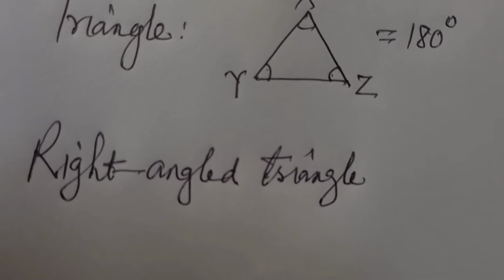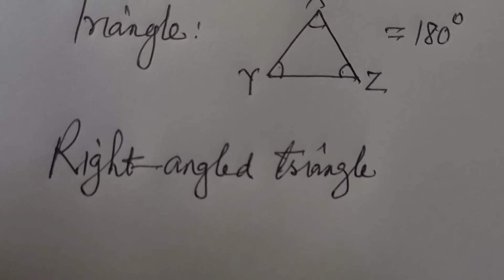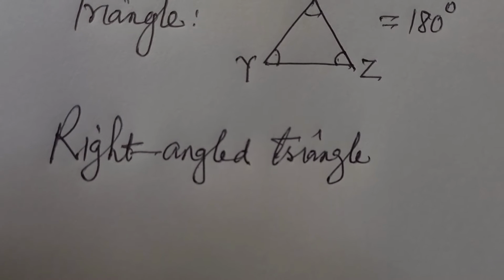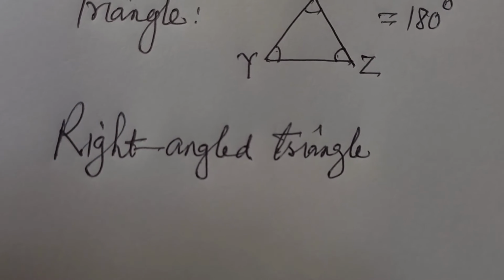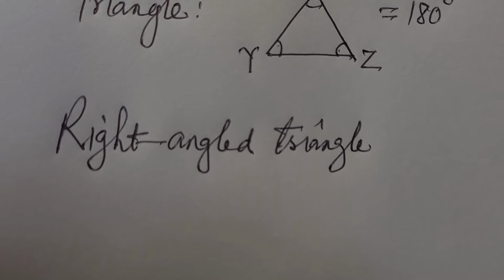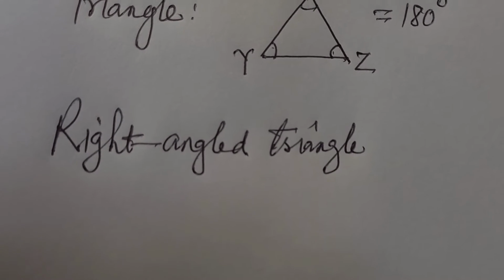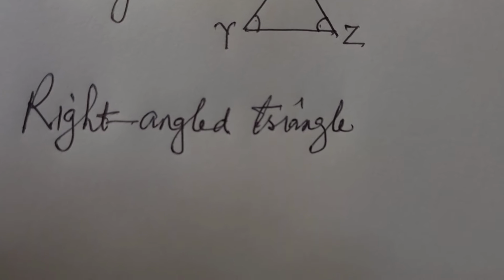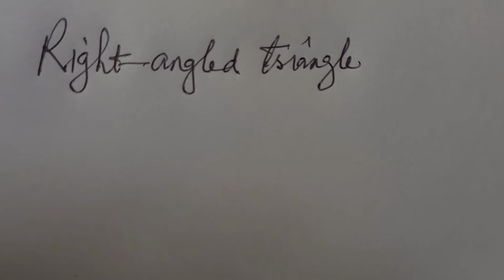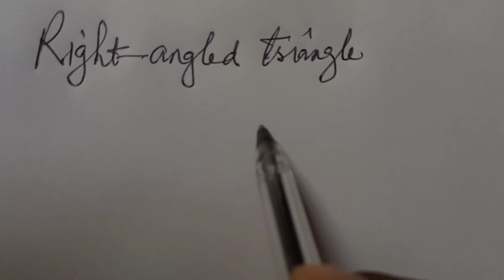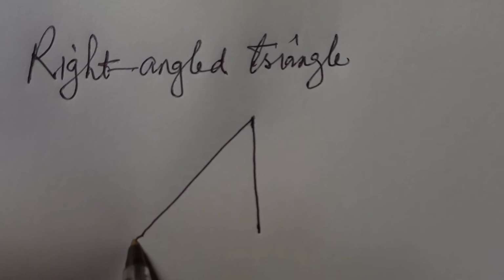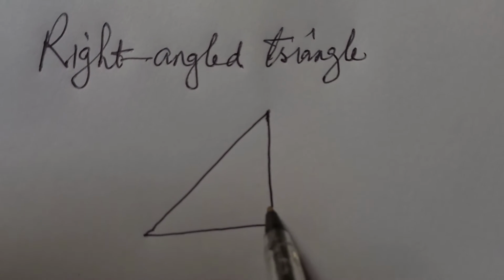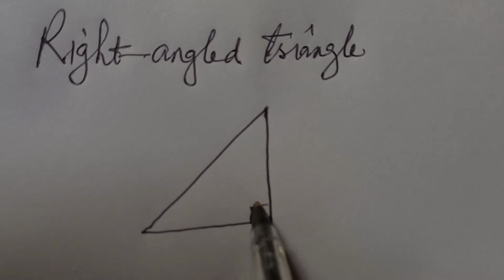And in this concept, if one of the angles of a triangle is a right angle, that is 90 degrees, it's called the hypotenuse. So let's make some sort of example by drawing the right angle triangle. Firstly, if I have this to be a right angle triangle, this angle here is 90 degrees.